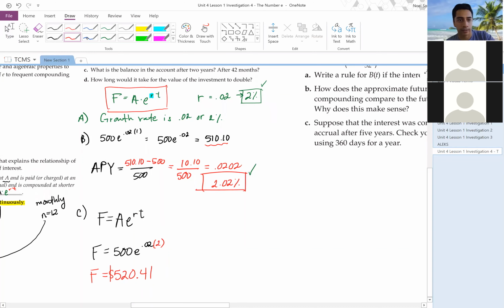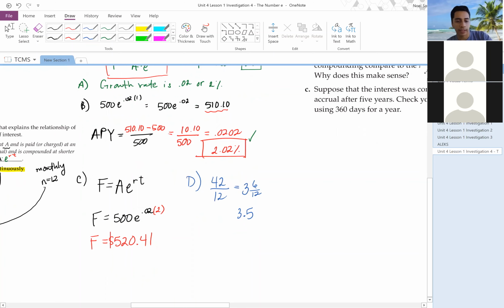So first, for part D, make that conversion. 42 months, but there are only 12 months in a year, so 12 goes into 42 3 times, and then you have 6 months left over out of 12. 6 out of 12 is just half, so that's 3.5 years.